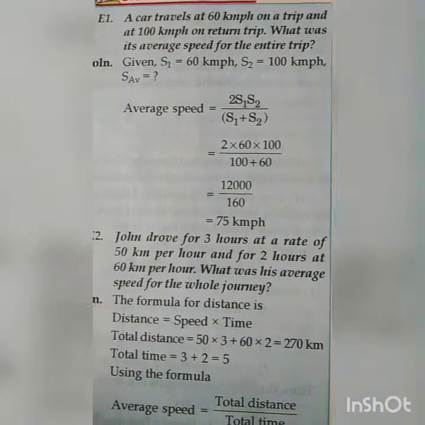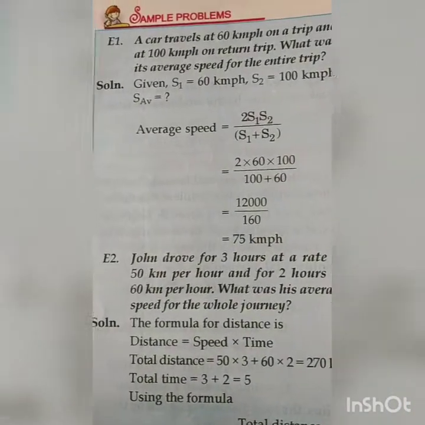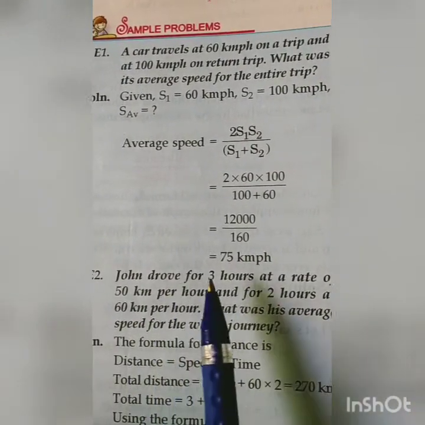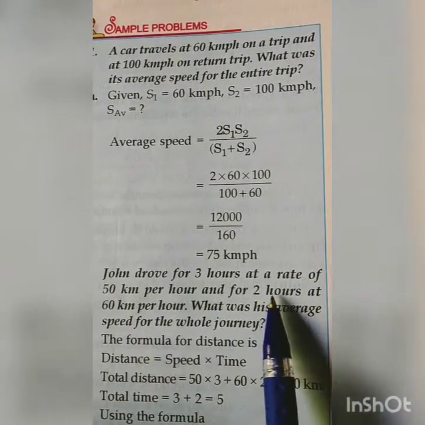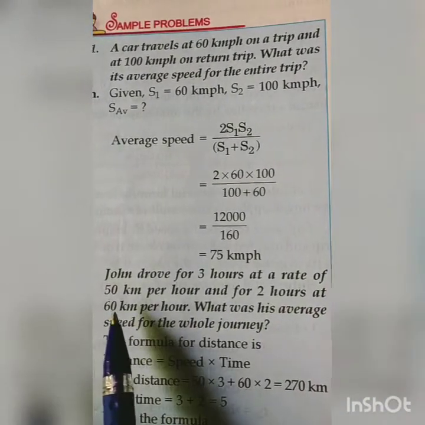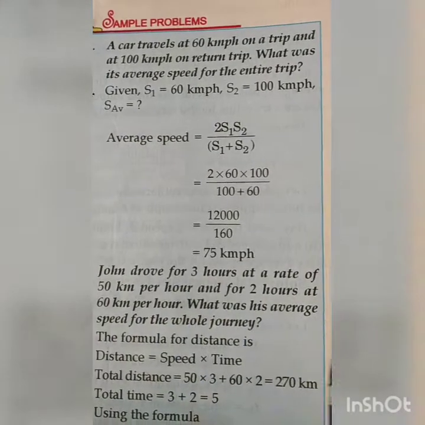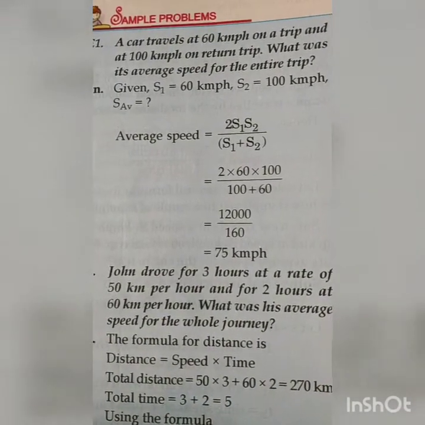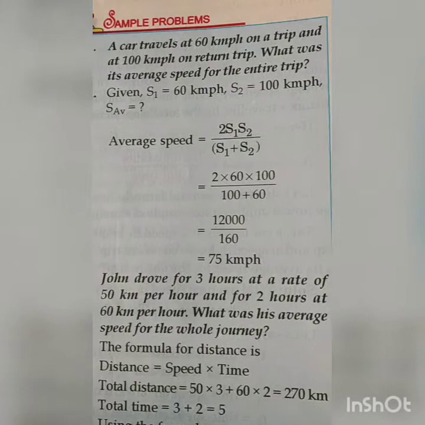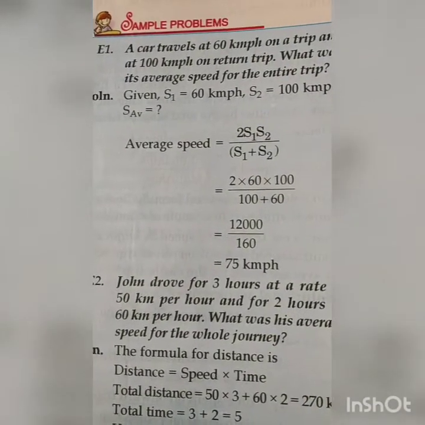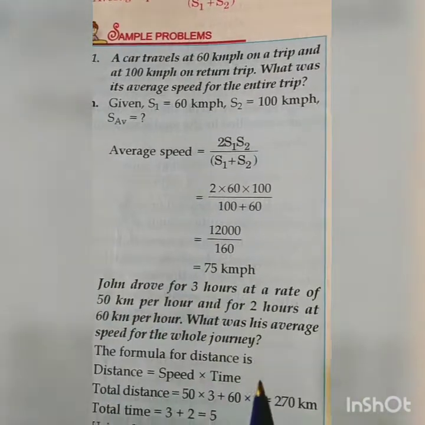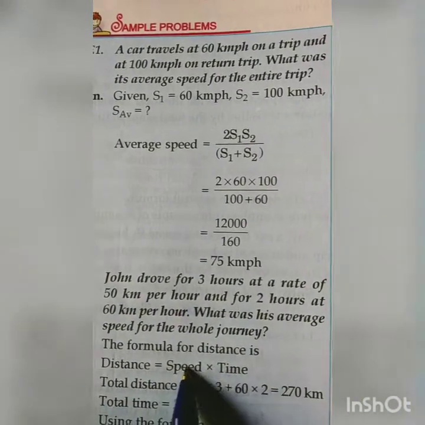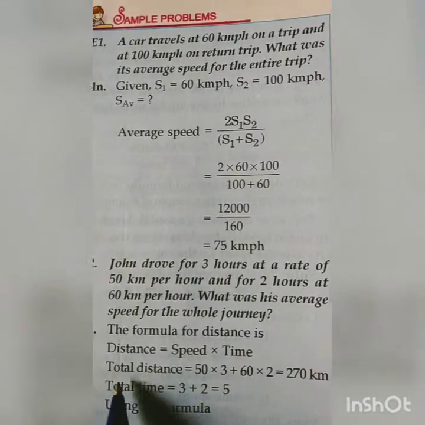Now another example. John drove for 3 hours at a rate of 50 kilometers per hour and for 2 hours at 60 kilometers per hour. What was the average speed? Now here you will find the distance first. How much distance has he covered in 3 hours? The formula for distance is speed into time.